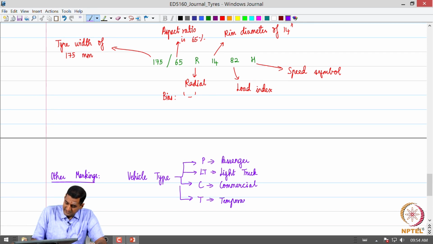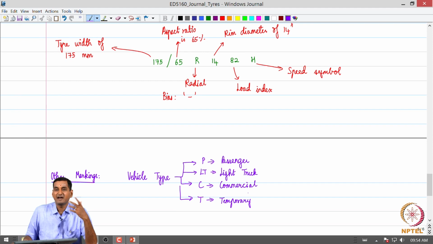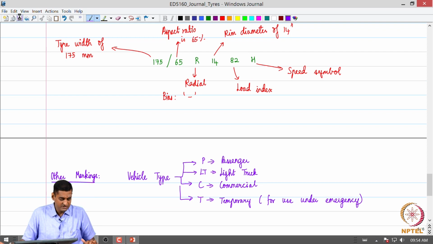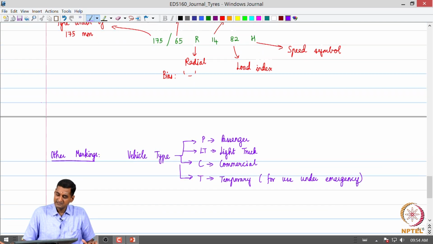For example, a spare tire used under emergency will be marked with the symbol T. These are supposed to be used only under emergency and need to be replaced with the service tire as soon as the repairs are carried out. Those are some additional markings.